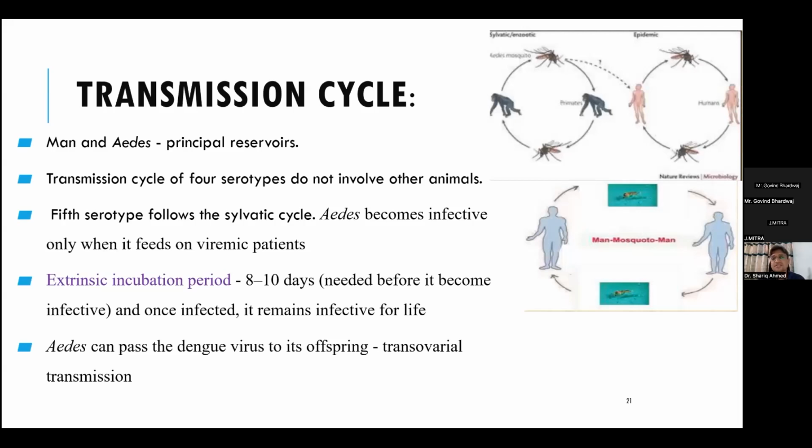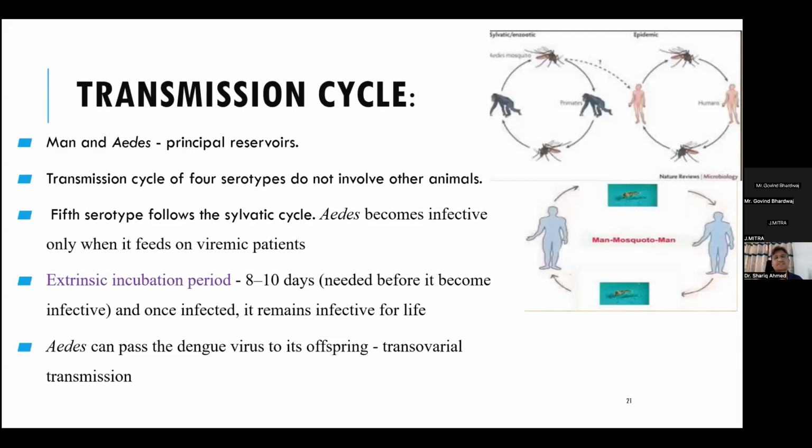Then how does this mosquito get the infection? A patient having dengue is bitten, and the mosquito sucks the blood from that person, and the virus multiplies for about 8 to 10 days in that mosquito. It does not transmit the virus to humans in that 8 to 10 day period.